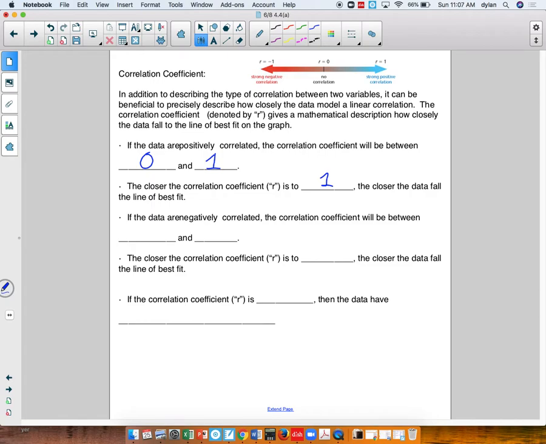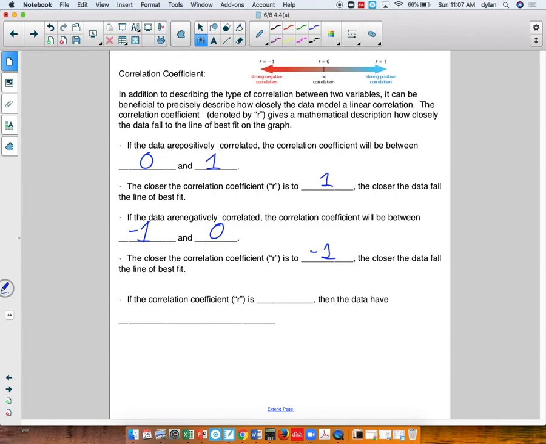Now, if the data are negatively correlated, then the correlation coefficient is going to be between -1 and 0. This time, the closer it is to -1, the closer the data fall to the line of best fit. So in other words, the larger the absolute value of the correlation coefficient, the more accurate your line of best fit is.